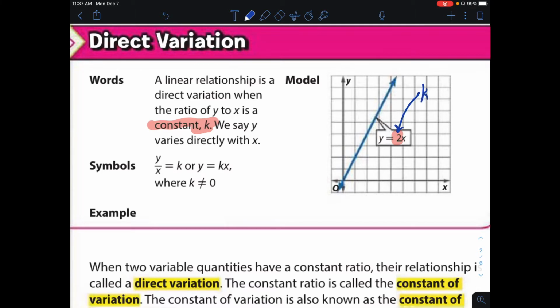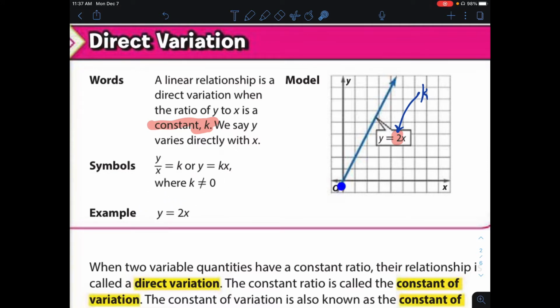So that is your k. So it follows this equation right here, y equals kx, again, where y varies directly with x. And if you notice, it's a linear equation. There's the x-axis, there's the y-axis, and that's your example, y equals kx.